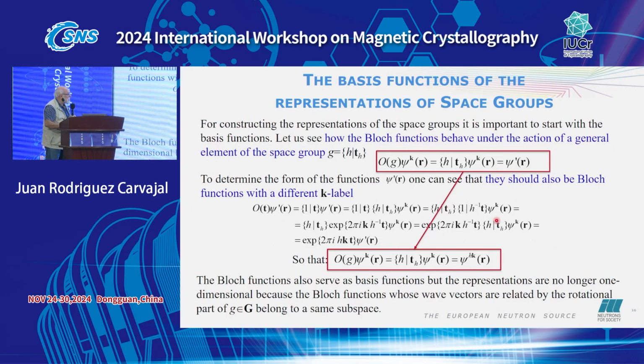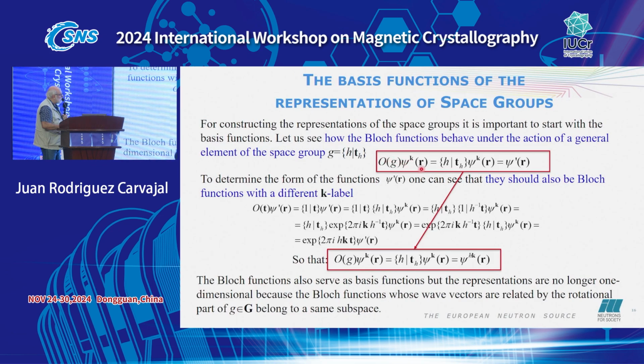We'll not enter into the details. The only thing that we have to say, for example, we know that the Bloch functions are basis functions of the translation group. If you put a general operator in the space group, and you associate the associated operator acting on functions.